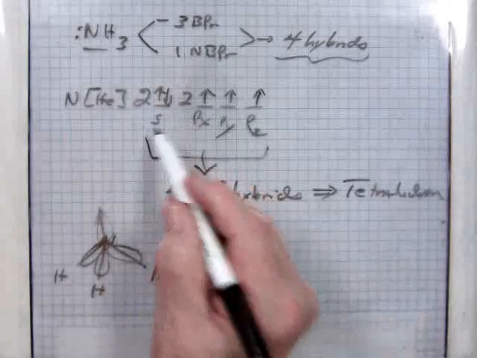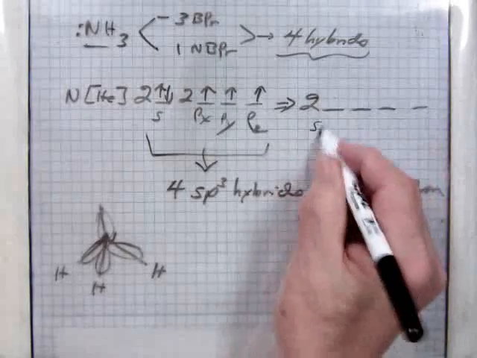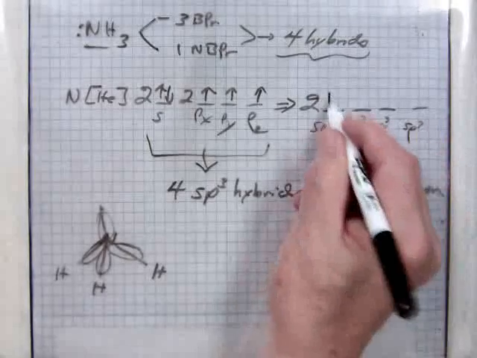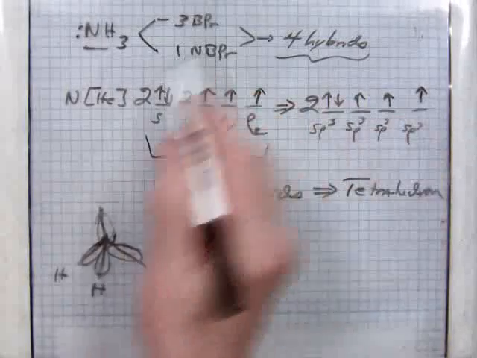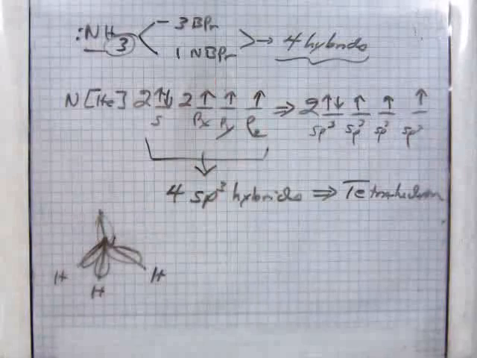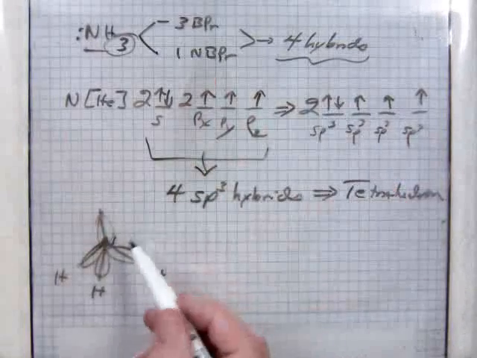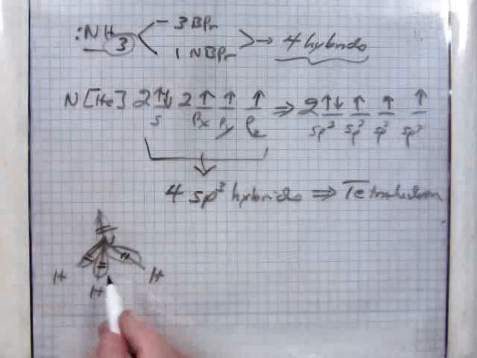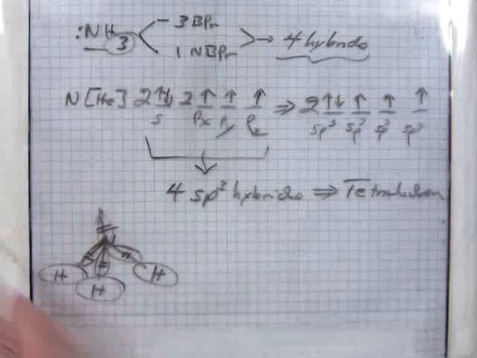But one of those hybrids has a non-bonded pair: sp3, sp3, sp3, sp3, and you have to maintain that. You only need 3 attachments and 1 non-bonded. So I'll put that non-bonded pair up here, and then you have the 3 bonded pairs that accommodate the incoming hydrogens.